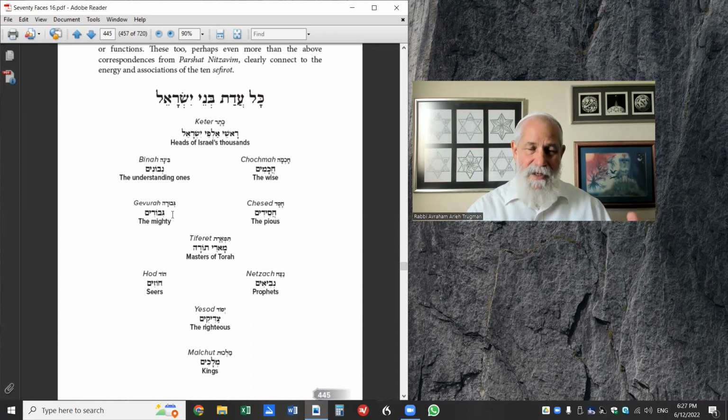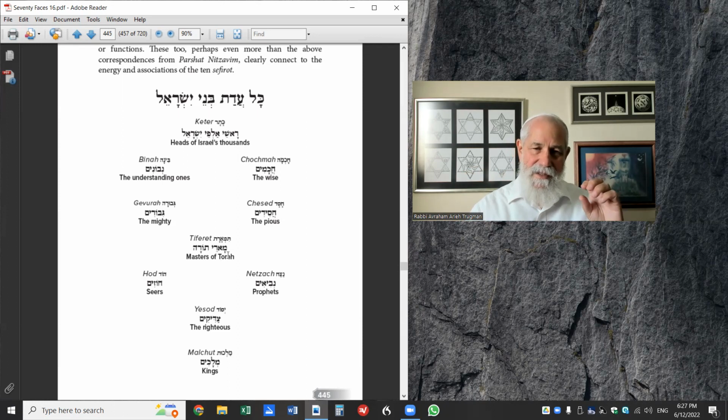And as mentioned, this comes all the way back to the Zohar. This is one that's not obvious. It's Marei Torah. The masters of Torah are connected to Tiferet. And that's because of Chesed, Gevurah, and Tiferet, which relate to Avraham, Yitzhak, and Yaakov. So Yaakov is always connected to Torah learning, because it says, Yaakov ish tam, yoshev ohalim.